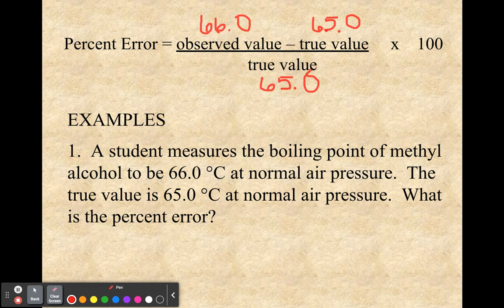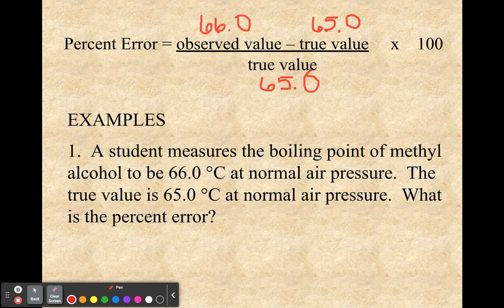Because if we look at sig figs, if we're doing subtraction, how many figures should we have after the decimal point? 66.0 minus 65.0 should be what in sig figs? 1.0, because there's one figure after the decimal point.